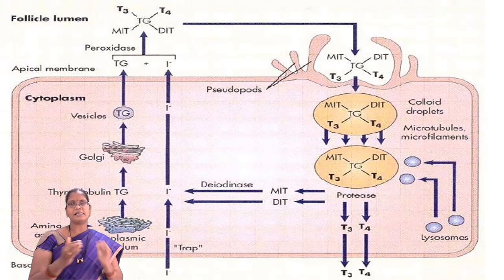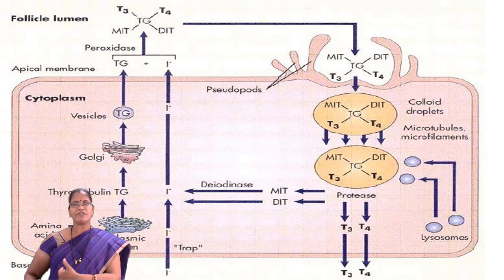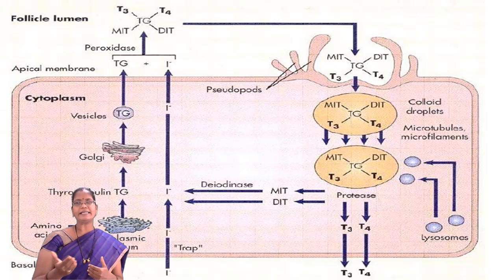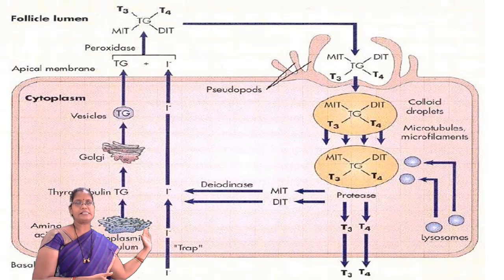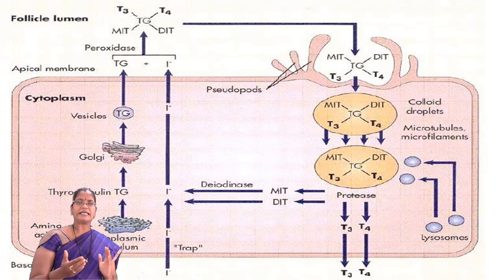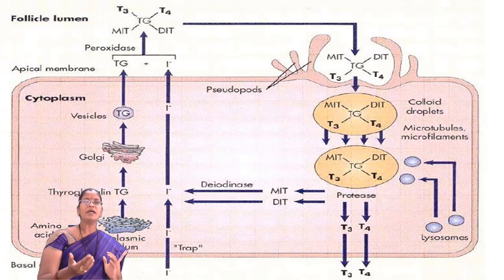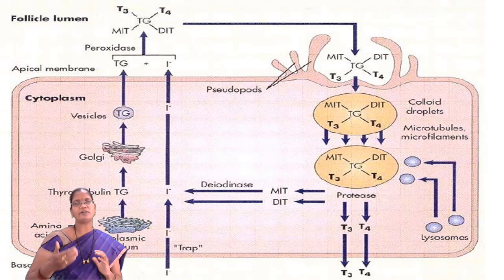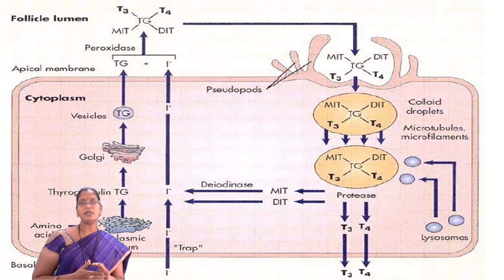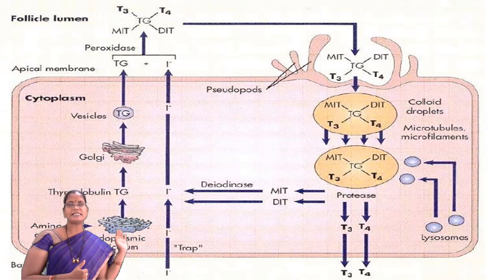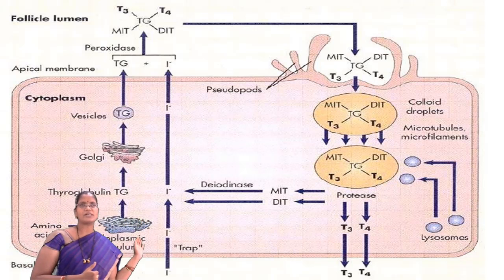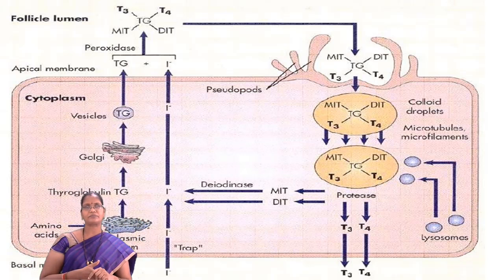As a result, TG will be digested, and T3 and T4 hormones are released outside. The MIT and DIT, by the action of the deiodinase enzyme, again give free tyrosine residues and iodine minus. This iodine minus is again utilized in thyroid hormone formation, and amino acids are involved in the formation of thyroglobulin protein. So this is the slide depicting the production of thyroid hormones.